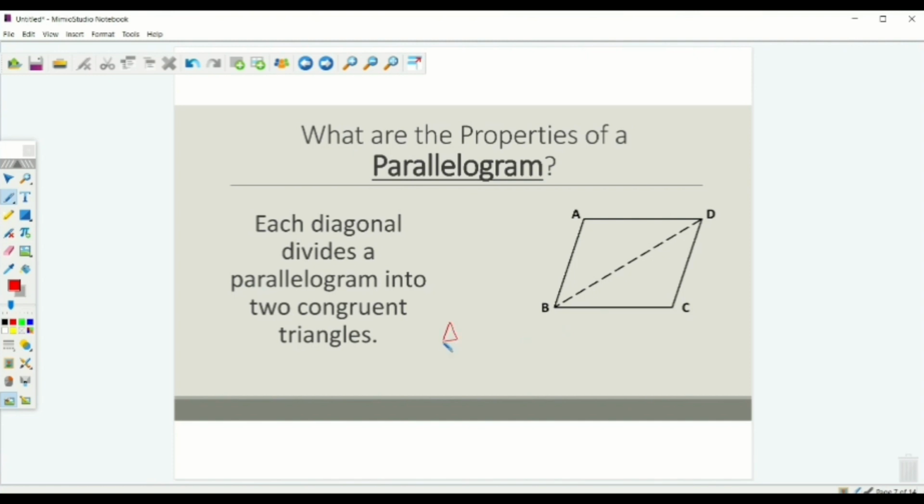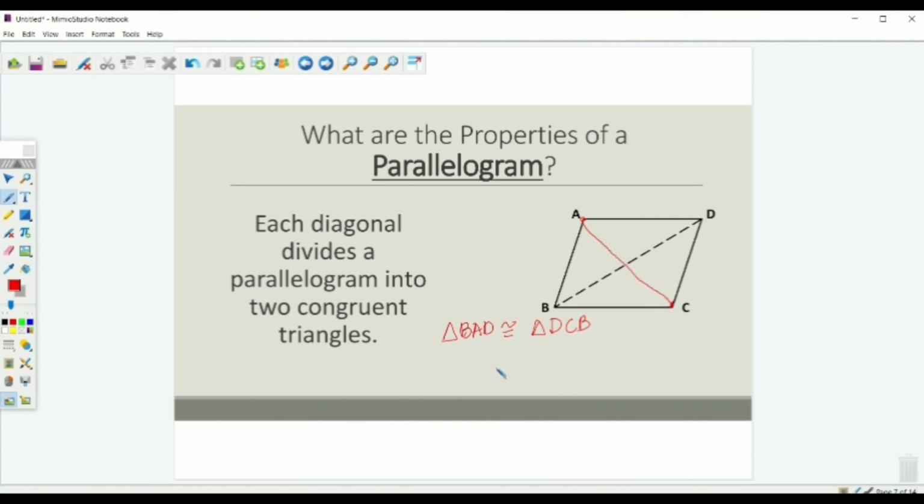So we have triangle BAD is congruent to triangle DCB.